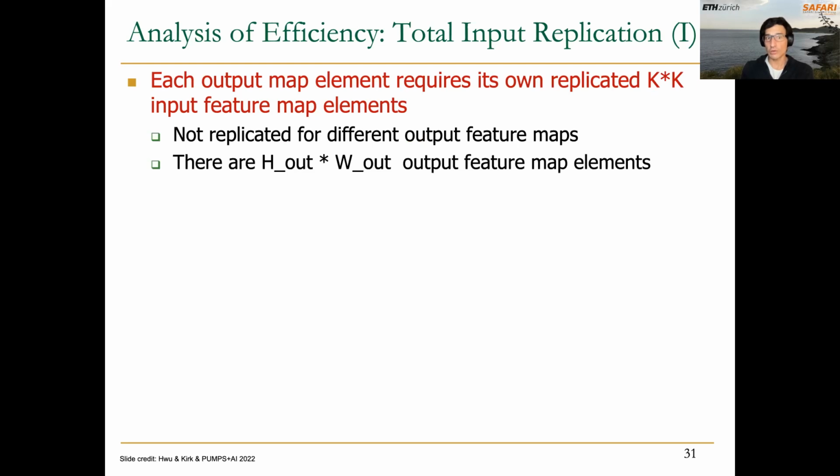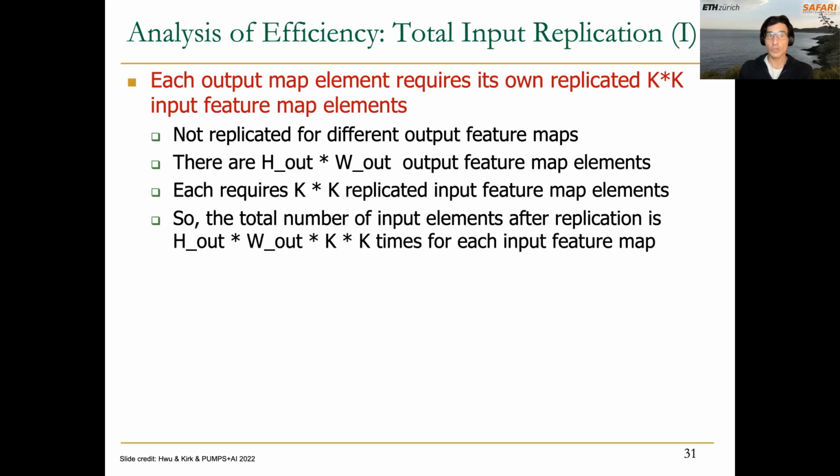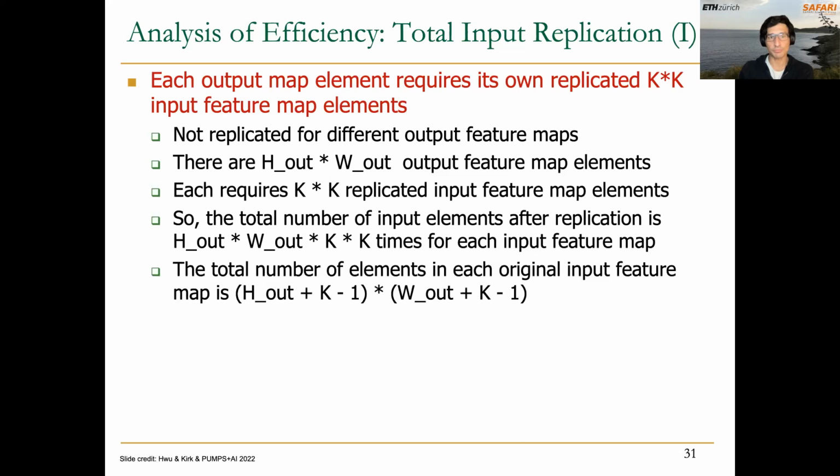There are H out times W out output feature map elements, and each one requires K by K replicated input feature map elements. So the total number of input elements after replication is H out times W out times K times K for each input feature map. The total number of elements in the original input feature map is (H out plus K minus 1) times (W out plus K minus 1).